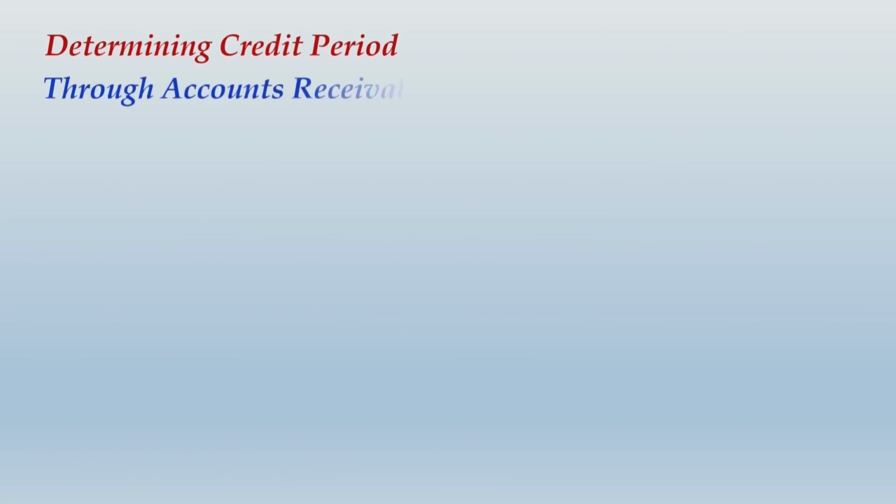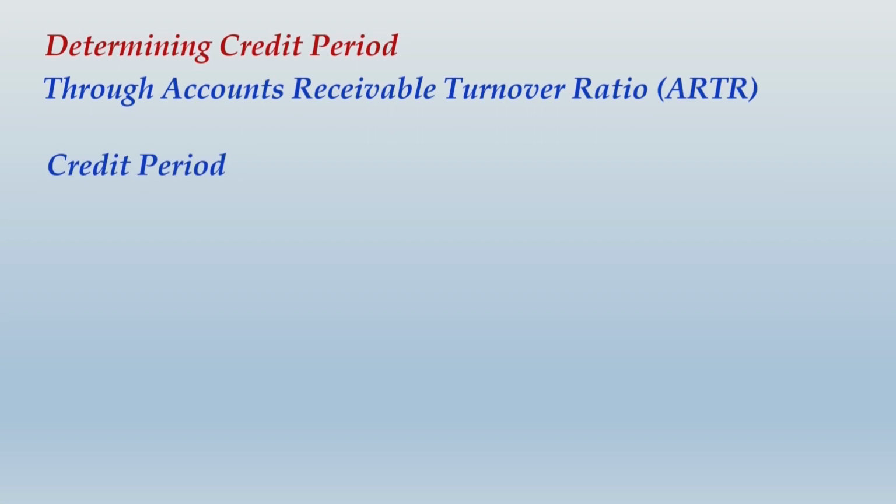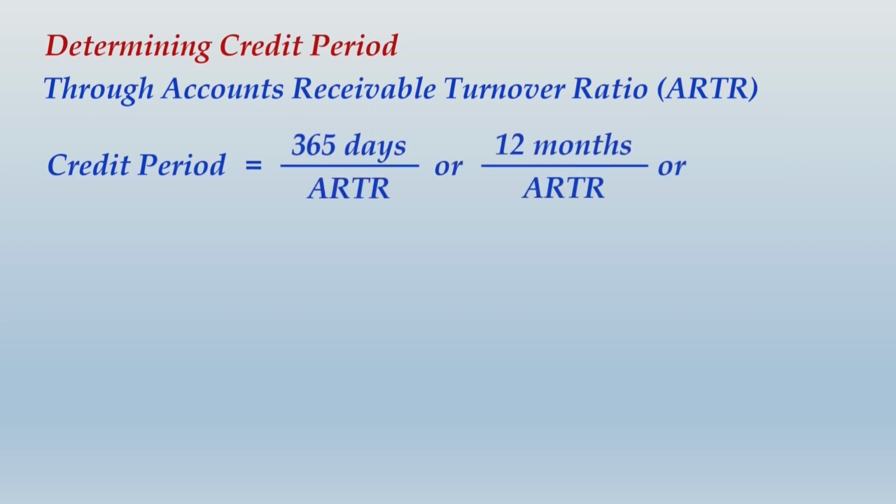Let us move ahead and continue writing further. Determining credit period through accounts receivable turnover ratio. Now this could be simply taken as 365 days divided by ARTR, or 12 months divided by ARTR, or 52 weeks divided by ARTR.